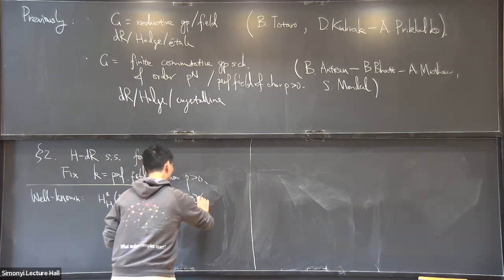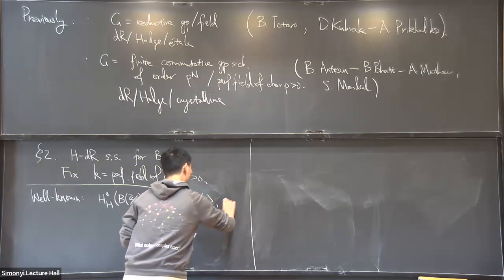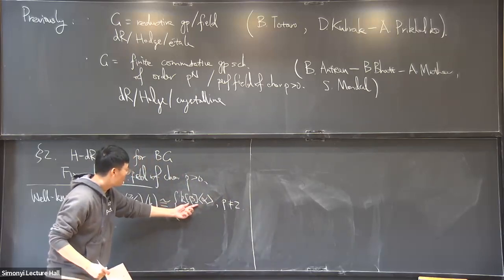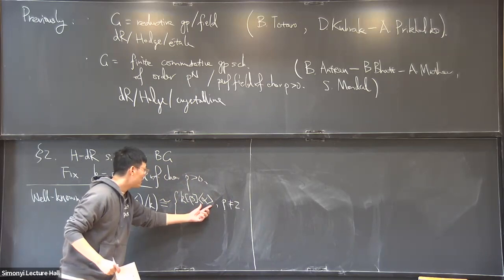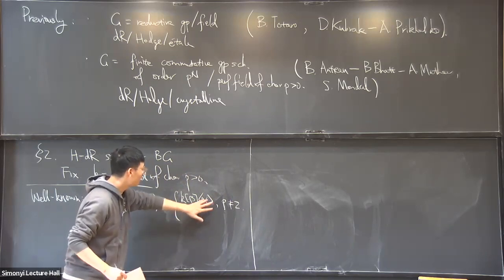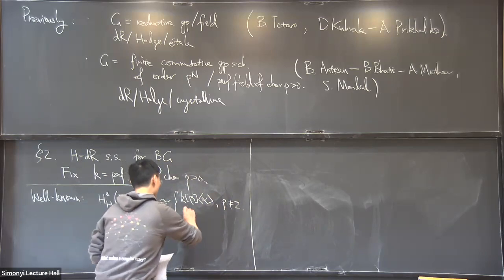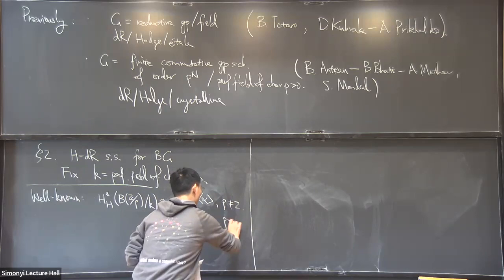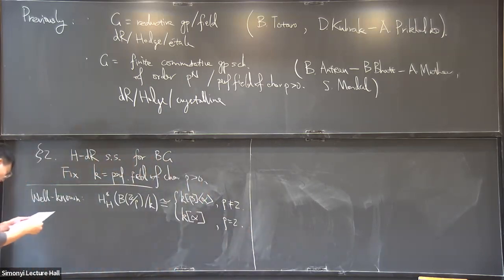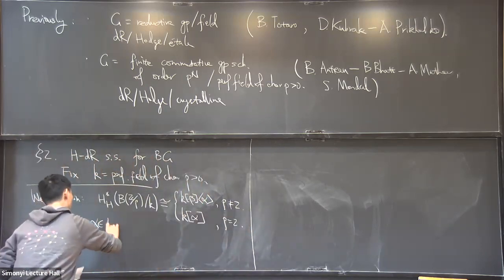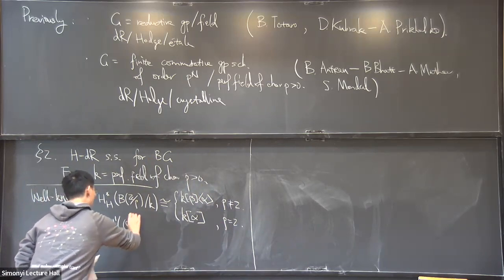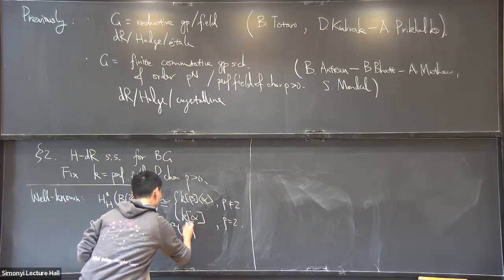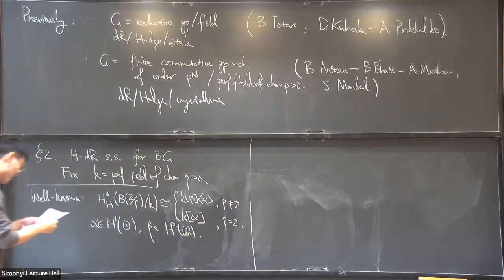If the prime is not 2, you will just get a polynomial generator in degree 2, and alpha in degree 1 whose square is 0. But when the prime is 2, you will get a degree 1 polynomial generator. So alpha is in H^1 Omega^0, and beta is in H^2 Omega^0.